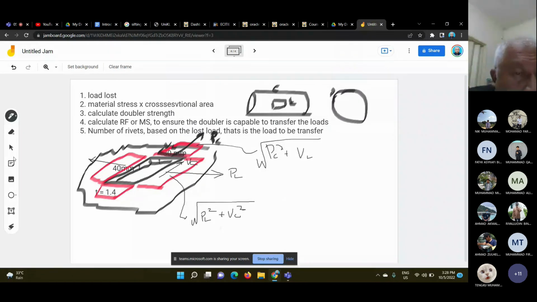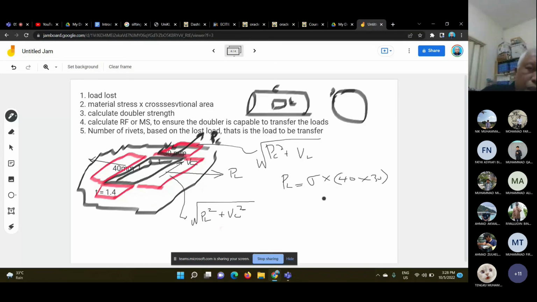So how to calculate the P longitudinal? The material stress times the area. The area will be 40 mm times 30 mm. You have to convert this to meters.